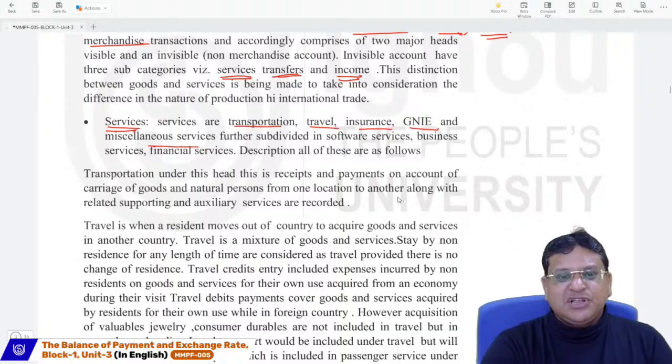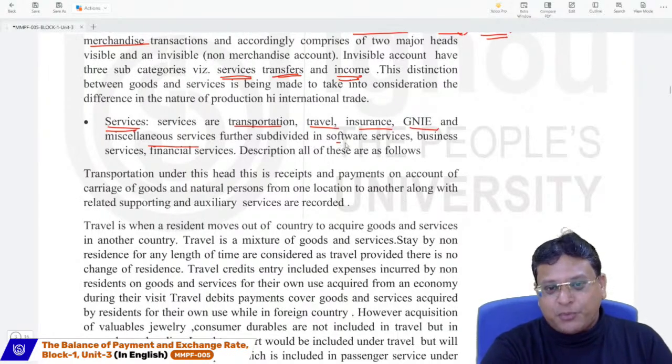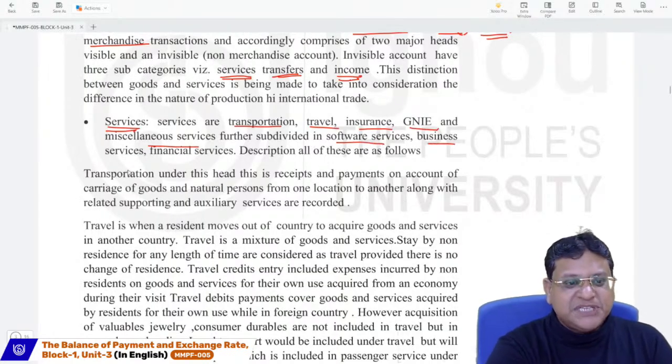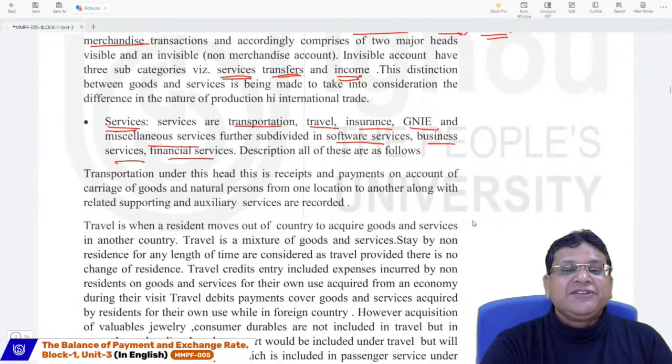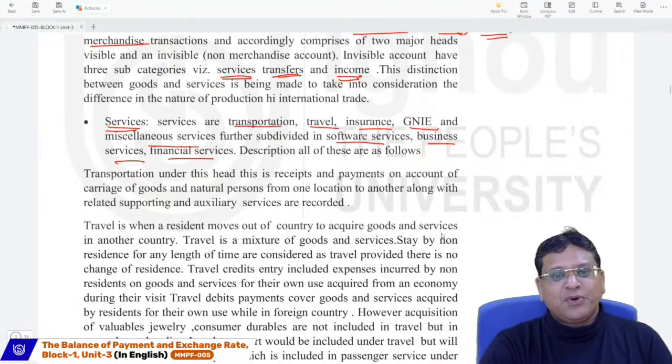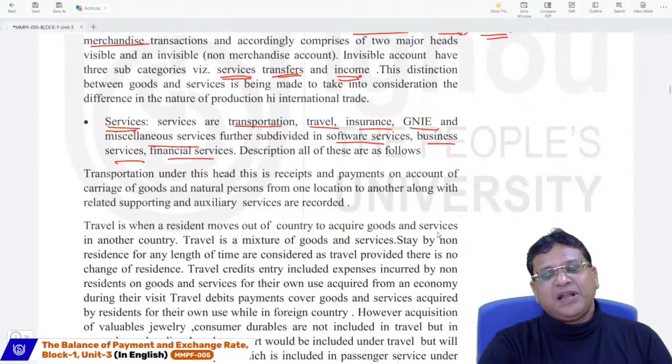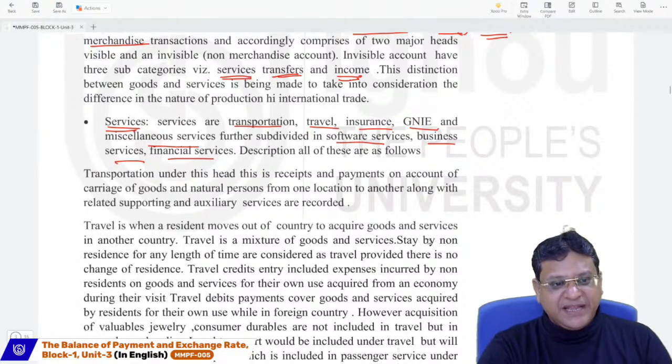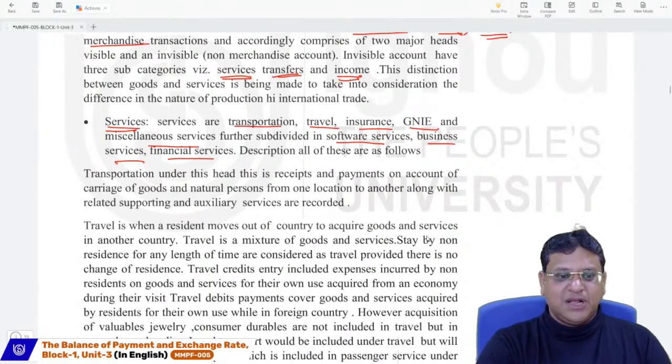These miscellaneous services are further divided into software services, business services, financial services. If there is import and export of transportation, travel, insurance service, GNI service, and miscellaneous, software, business, and financial services, all are recorded under services in current account. Am I clear?